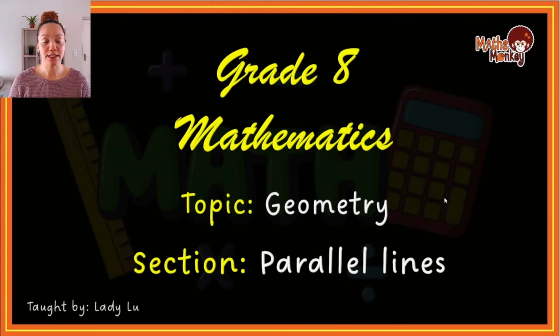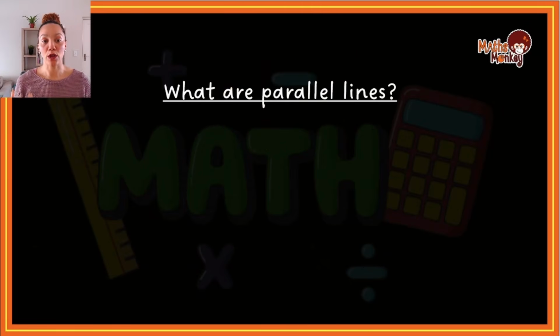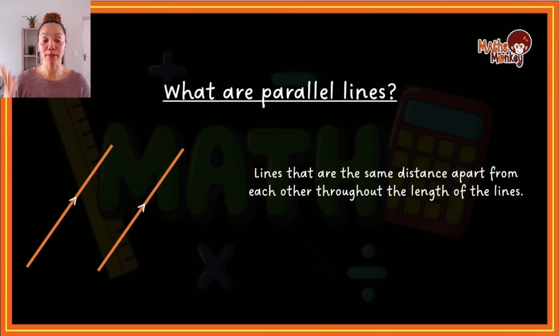All right, so this is your lesson on geometry parallel lines, and we'll, like I always do, start right at the very beginning and really just defining what parallel lines are. Okay, so firstly, it's important that you understand that parallel lines are lines that are the same distance apart from each other throughout the lengths of those lines.